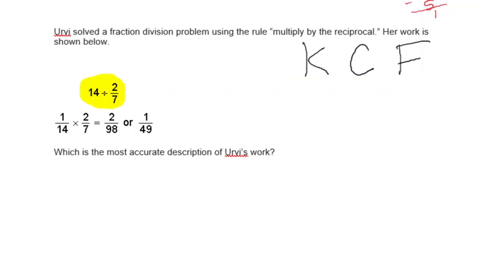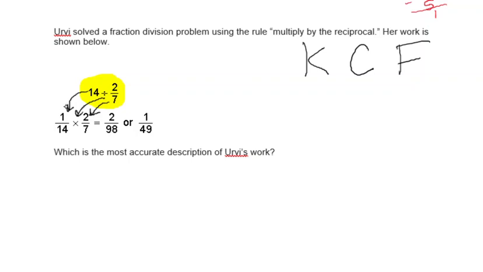Did they apply that correctly? So did they keep the first number as 14, change the division sign to multiplication, and flip the second number? No, they did not.